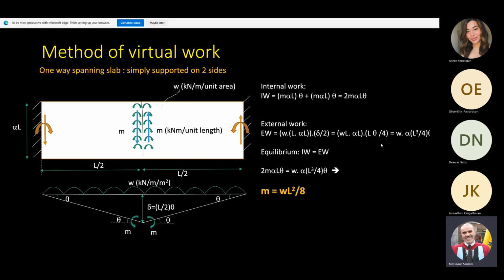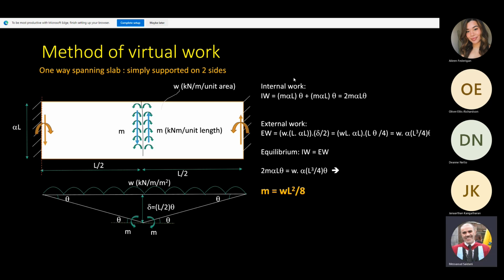When you simplify, you get WL squared, then delta, then alpha, and you substitute. The displacement delta is L over 2 times theta, same as before, which I have substituted here. When you simplify, it gives W alpha L cubed over 4 times theta.